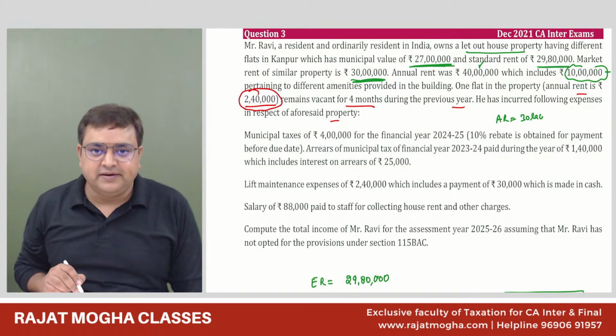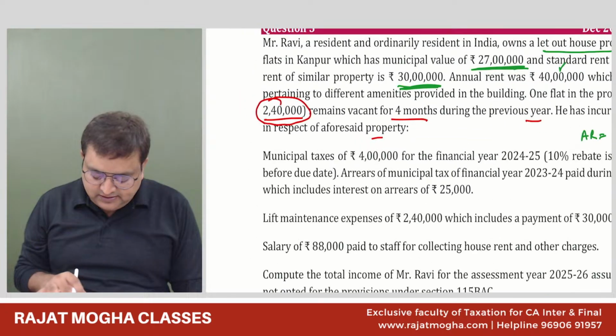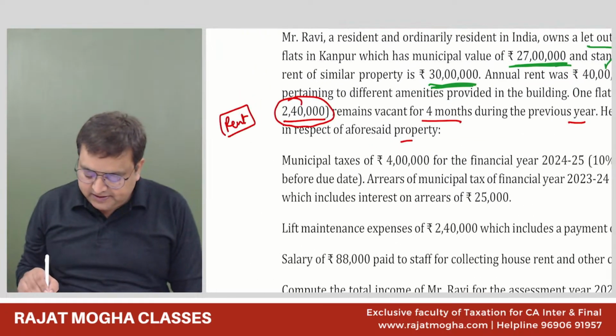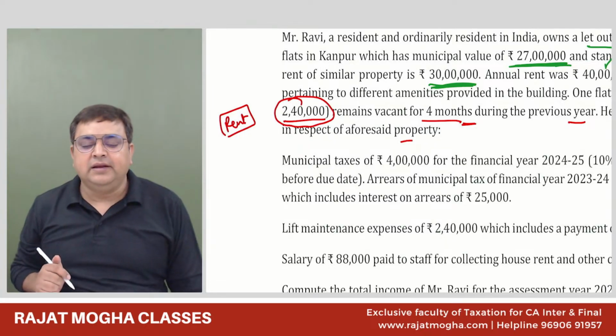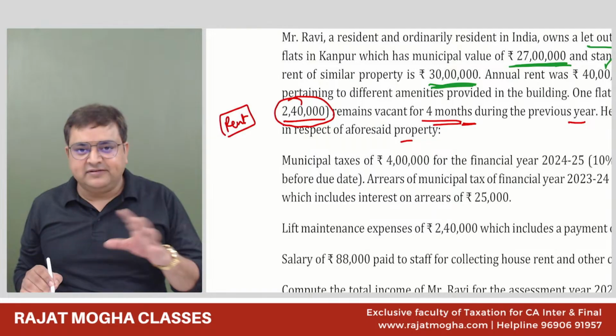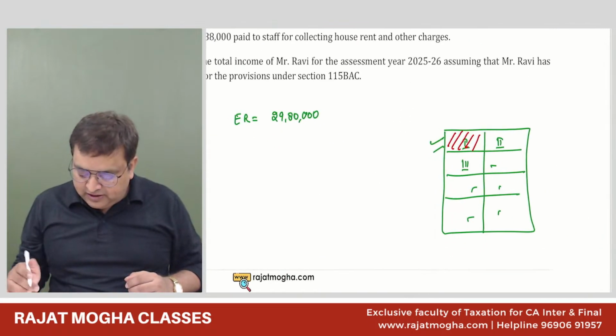It was vacant. Okay. Tell me, the annual rent is 240. Tell me how much is the rent which we have received regarding this flat. 4 months rent we have not received. It was vacant. So this particular flat, they are not talking about other flats.